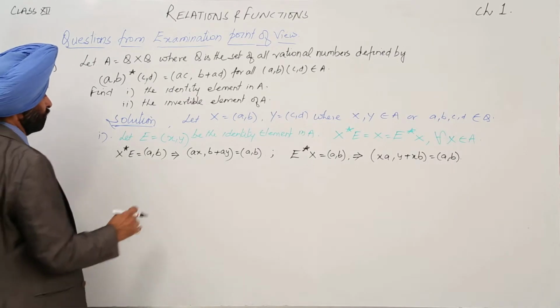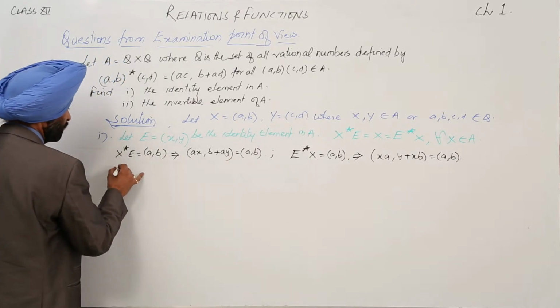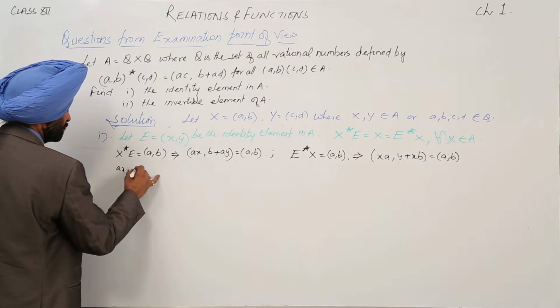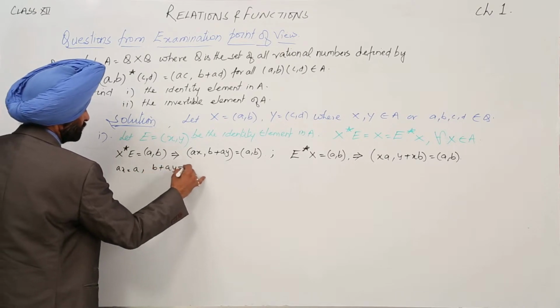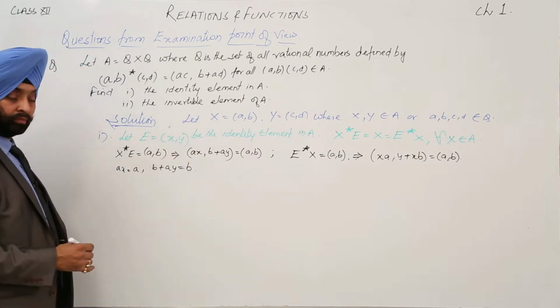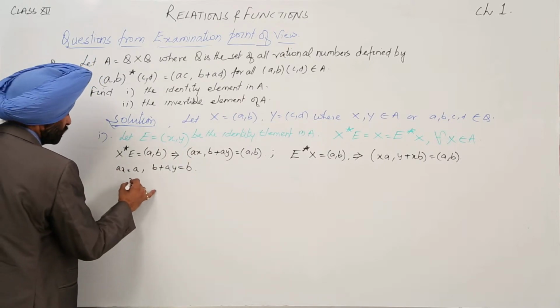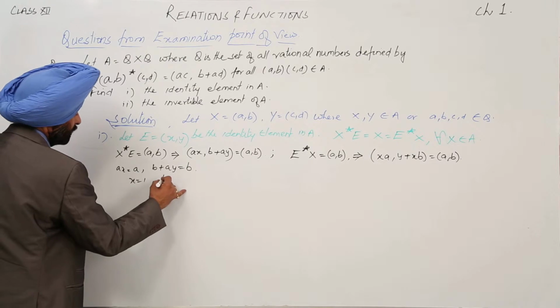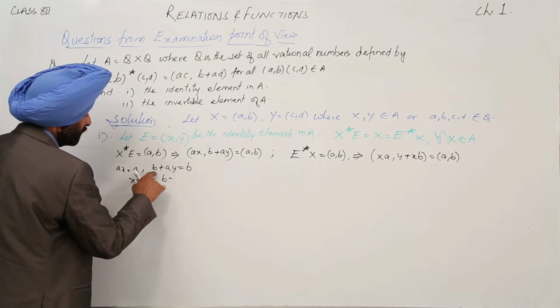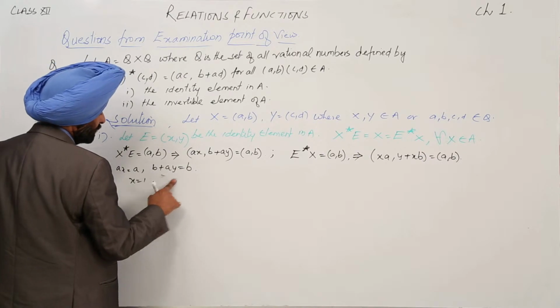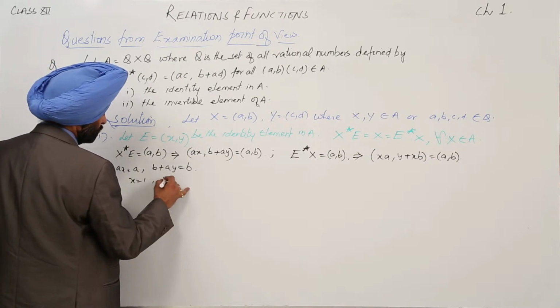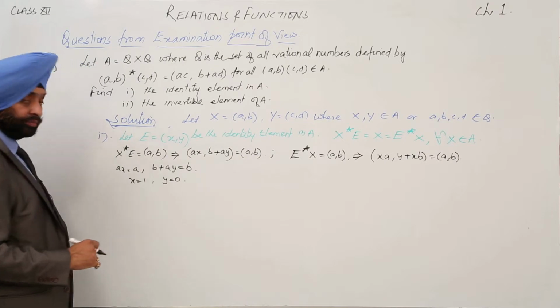Now let's prove it. For this part we have ax = a and b + ay = b. Here ax = a gives x = 1, and b goes to that side, b minus b is 0, so you can directly write y = 0.